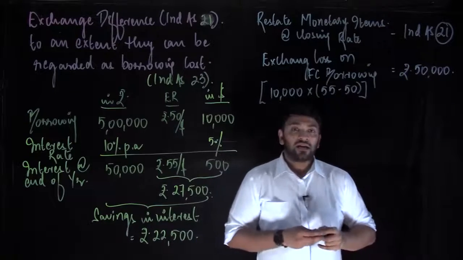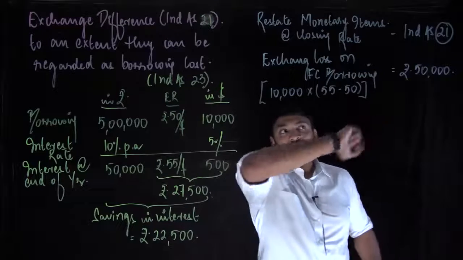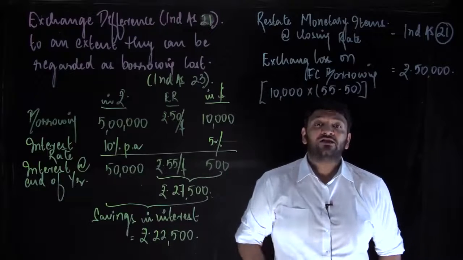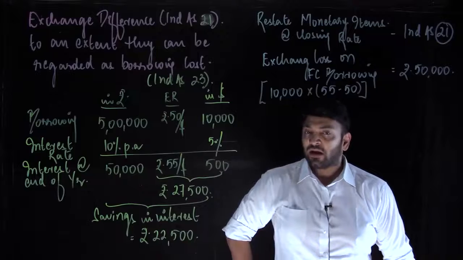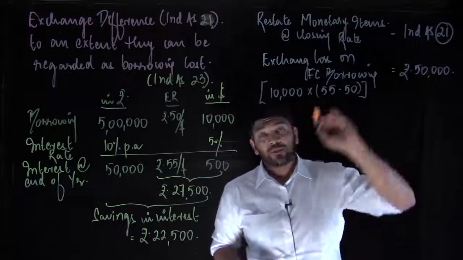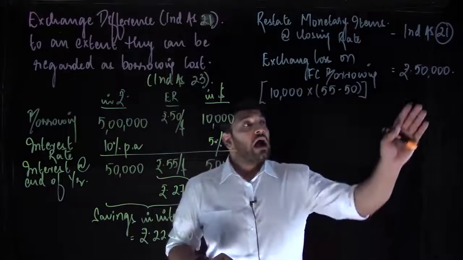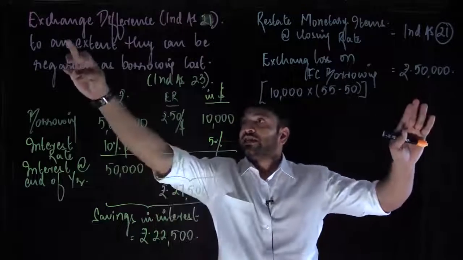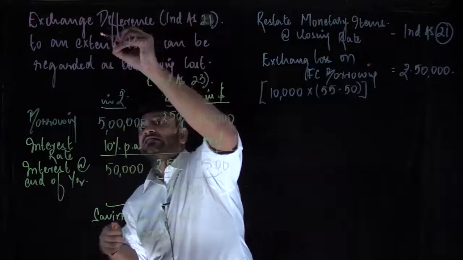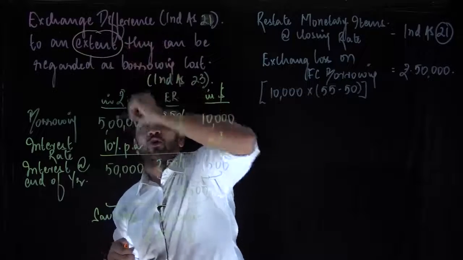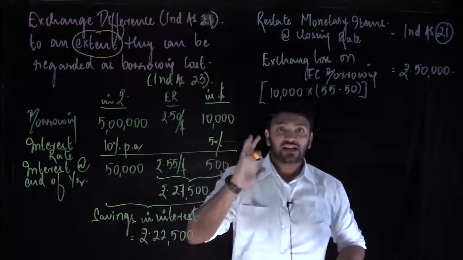This 50,000 rupees is an exchange loss as per Ind AS 21, which should be treated as per that respective standard. But I am trying to say that out of this 50,000 exchange difference, to an extent it can be regarded as borrowing cost. What is this extent?